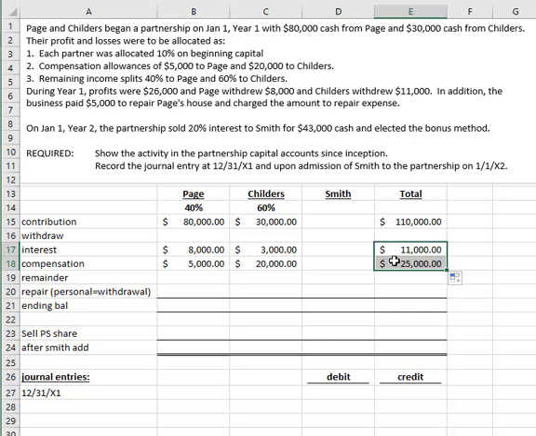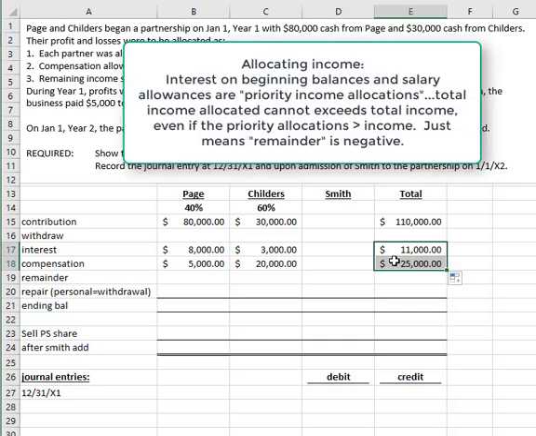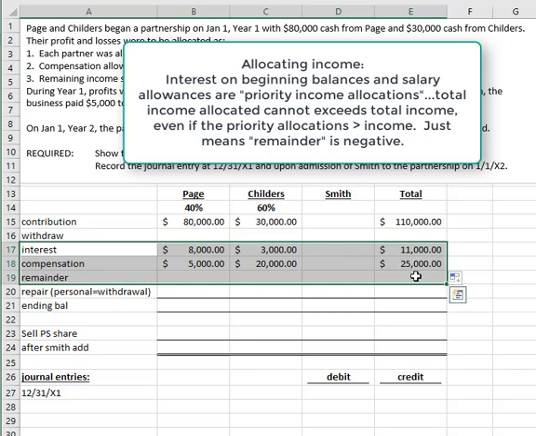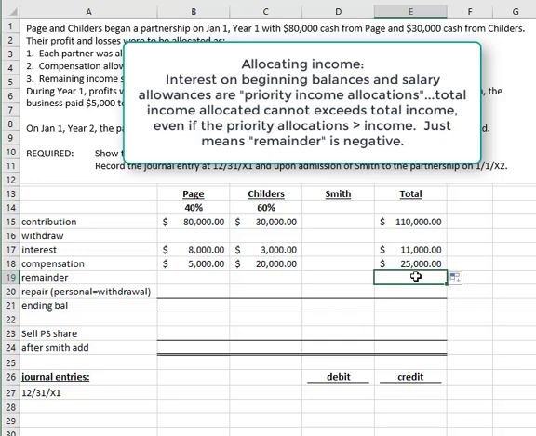If income is less than $36,000, we'll be allocating a negative amount because you can only allocate total income among these three possible directions. If income is above $36,000, then this remainder would be a positive number that's going to be split 40-60.